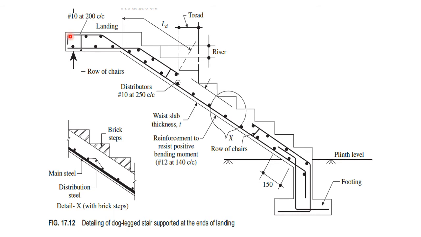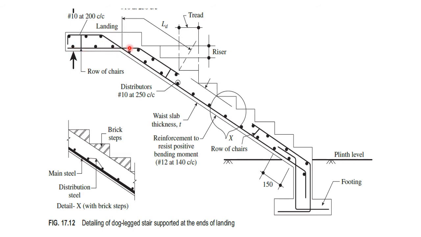Then the distribution reinforcement at the top of the landing slab will be provided below the main reinforcement, and the main reinforcement at the top of the landing slab will be the continuation of the main reinforcement of the waist slab. Along with that, at the landing slab we will be providing one more reinforcement at the bottom, and that is the main reinforcement, and above the main reinforcement we will be providing the distribution reinforcement.